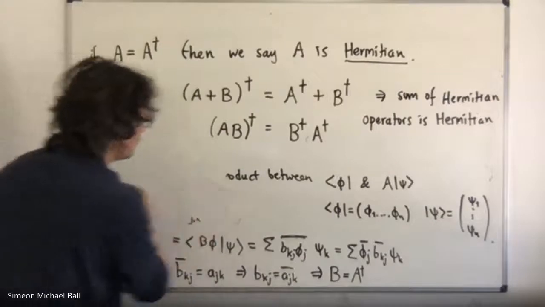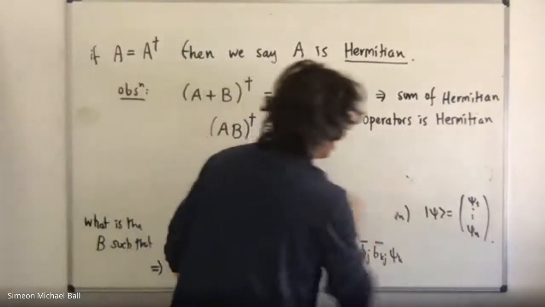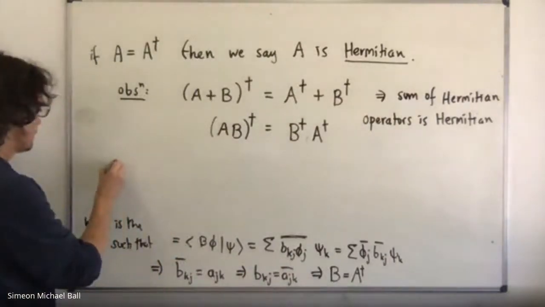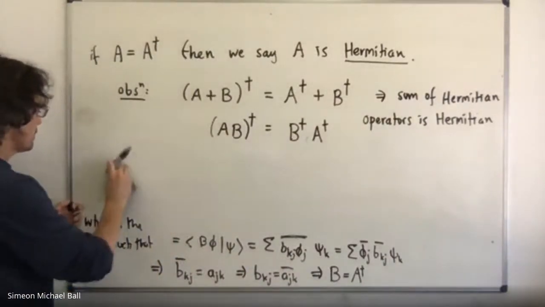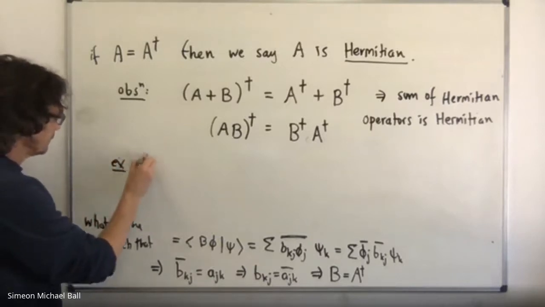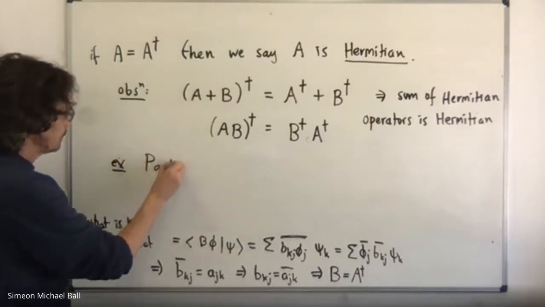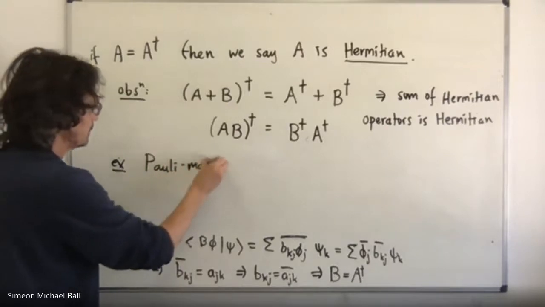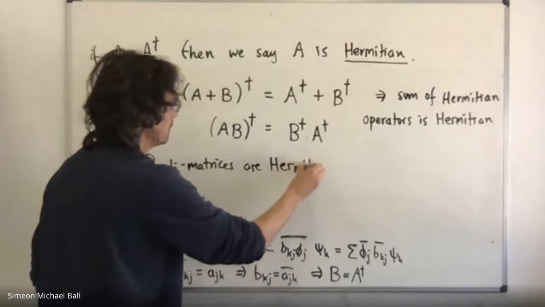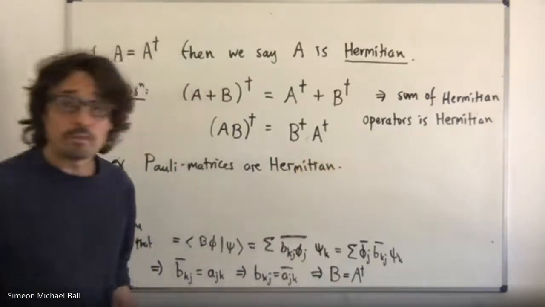If you take, for example, the Pauli matrices, they are Hermitian.